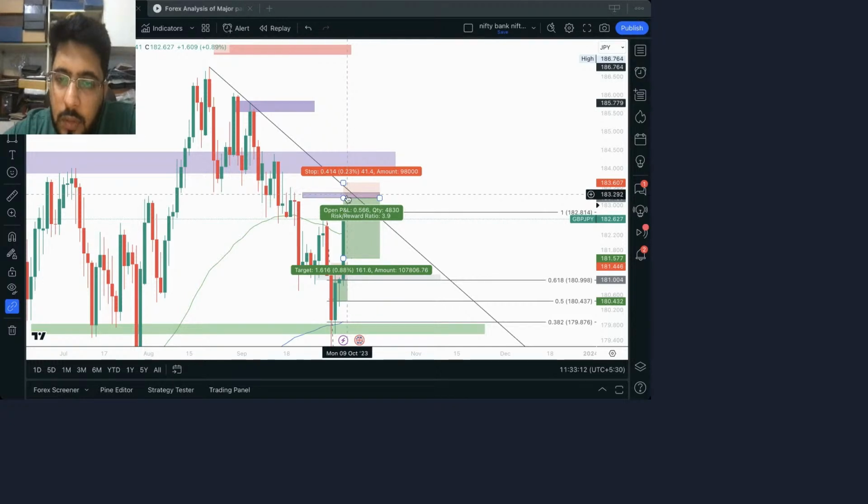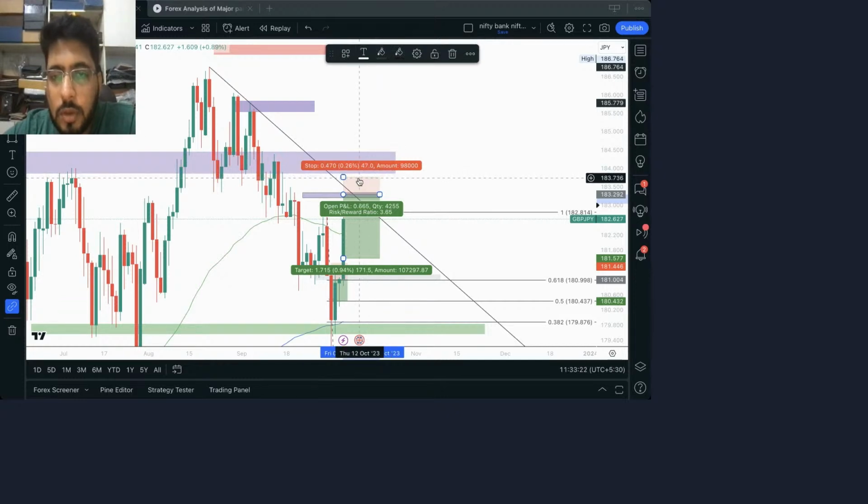So we can take a trade over here. This will be my stop loss, and I'll definitely take a trade over here at 183.279, 280 or 300.